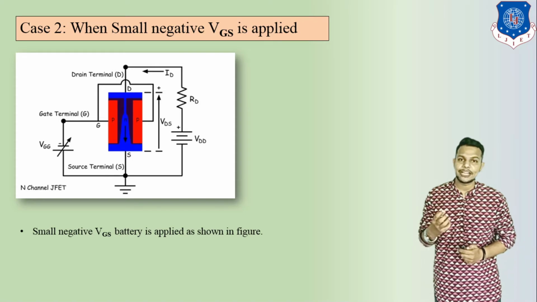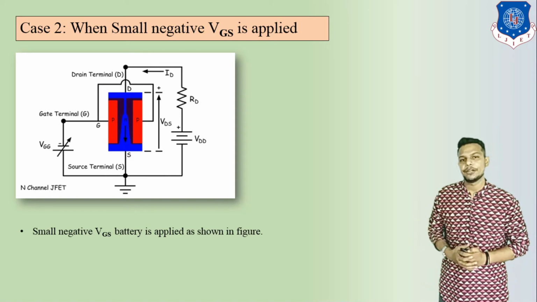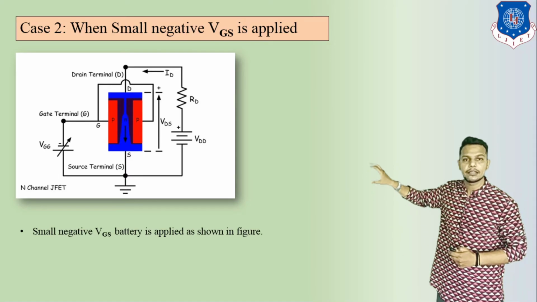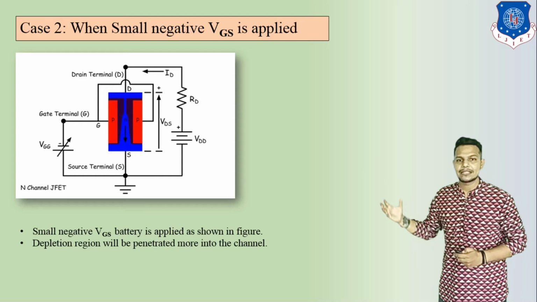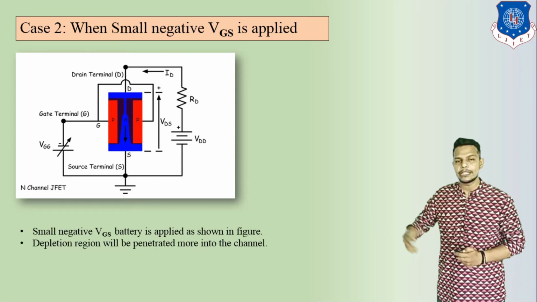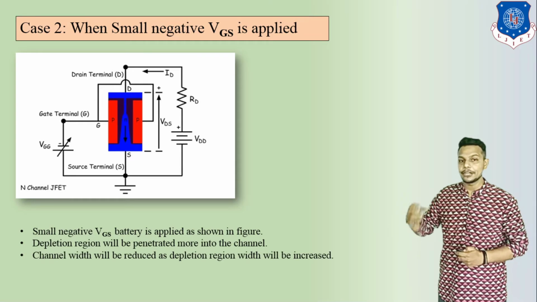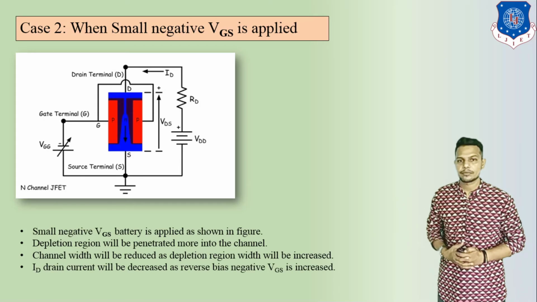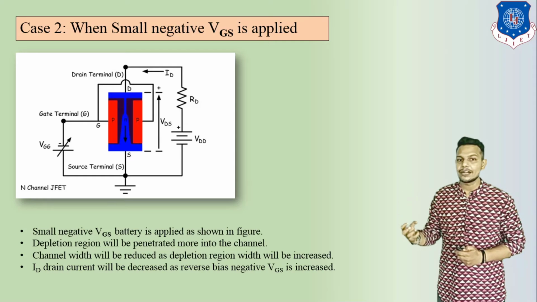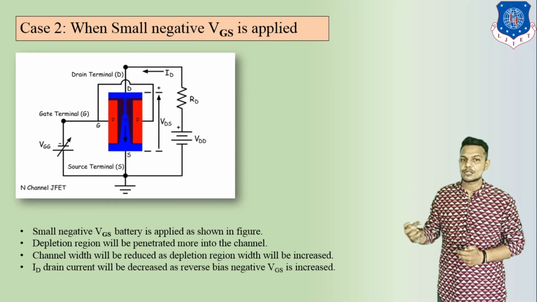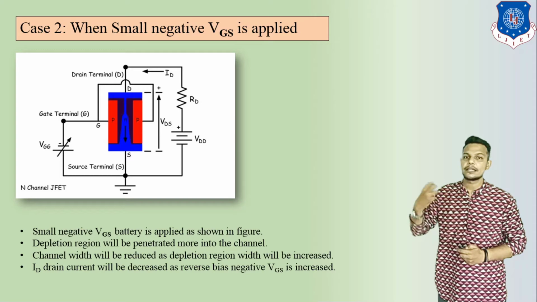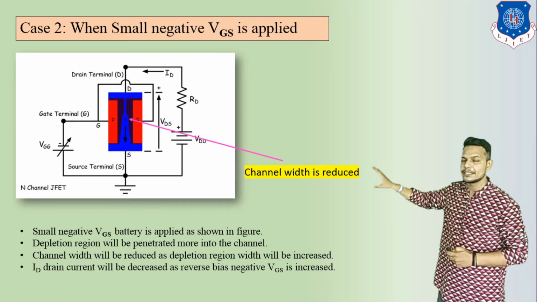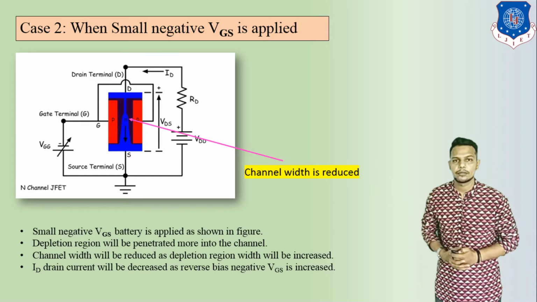That means your drain current will be reduced whenever your depletion region width is increased. So here we can see the depletion region penetrates more into the channel. Channel width will be reduced as the depletion region increases. ID, that means drain current, will decrease as the reverse bias negative VGS is increased. So here we can see the channel width is reduced.